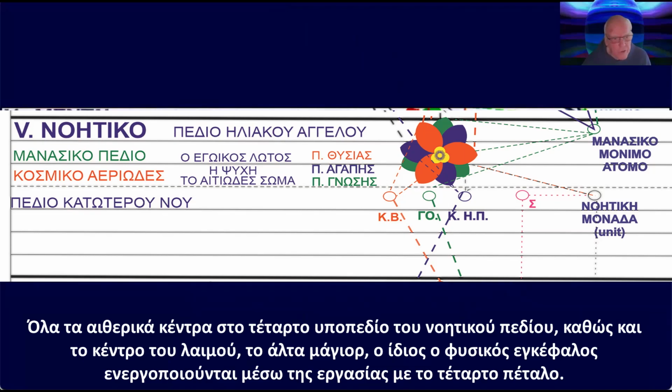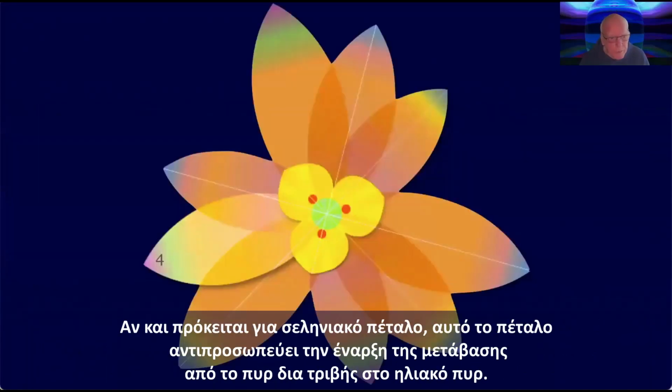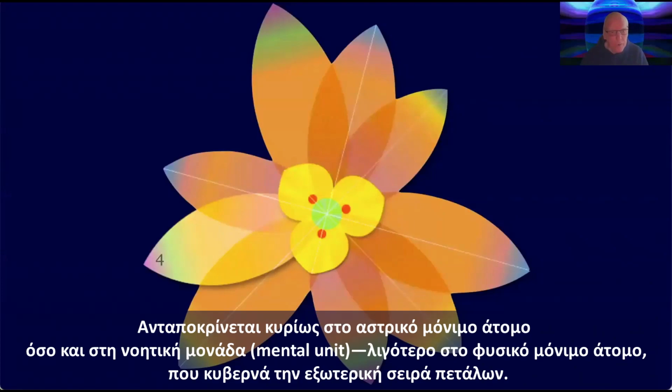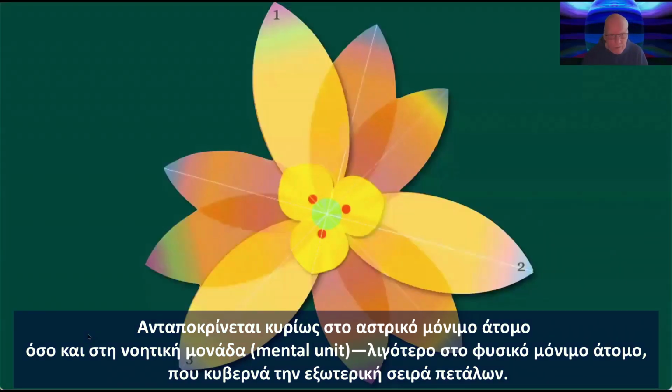All the etheric centers of the fourth subplane of the mental plane, as well as the throat center, the alta major, and the physical brain itself, are energized through one's work with the fourth petal. Though a lunar petal, this petal represents the beginning of one's transition from fire by friction to solar fire. It is particularly responsive to both the astral permanent atom and the mental unit, less so to the physical permanent atom, which rules the lowest tier of petals.